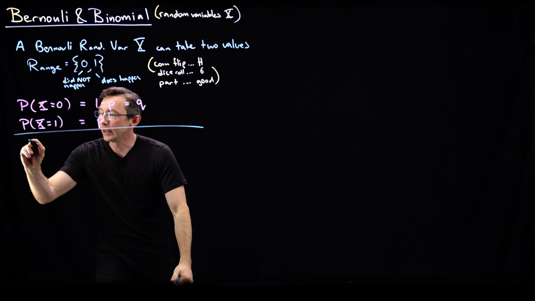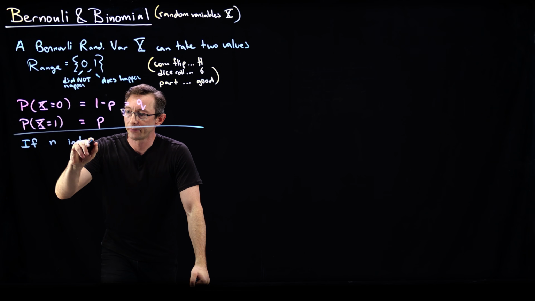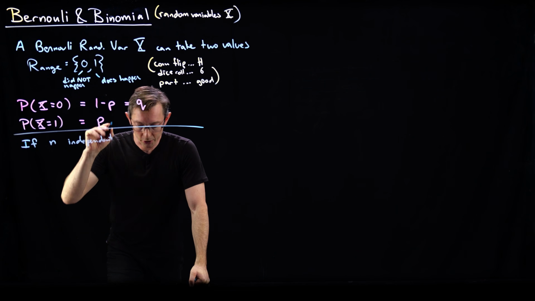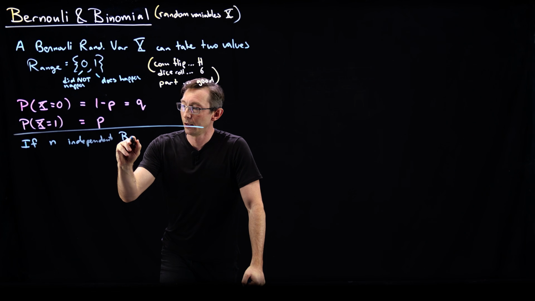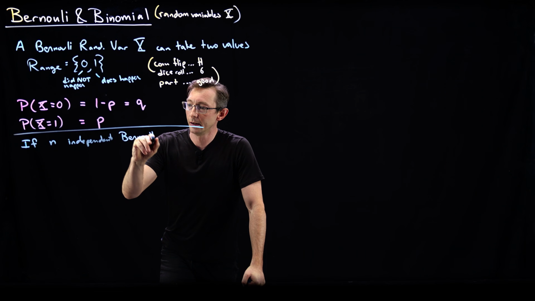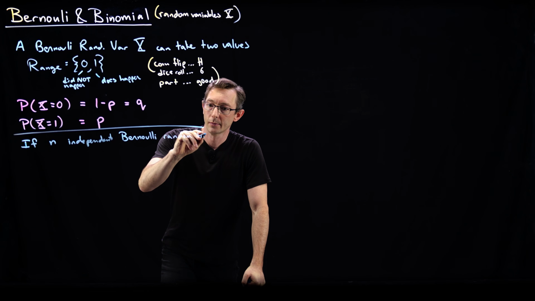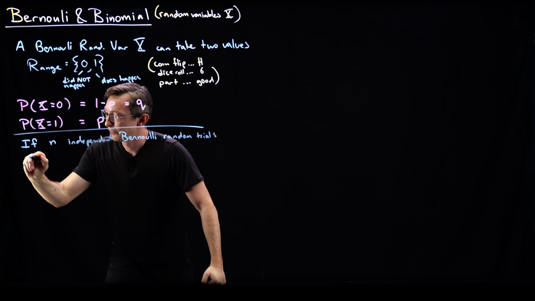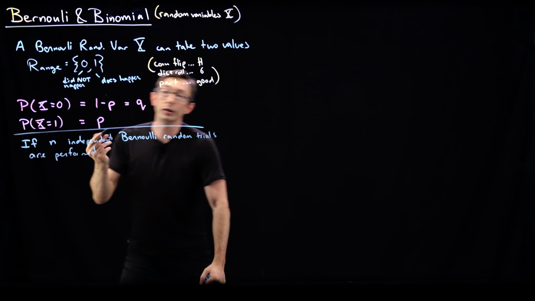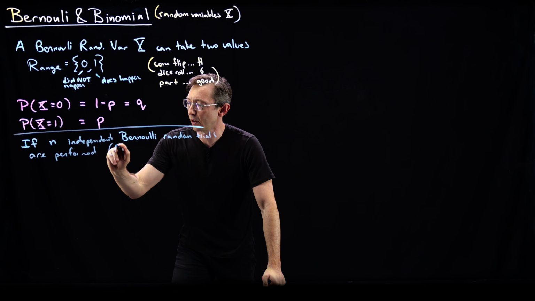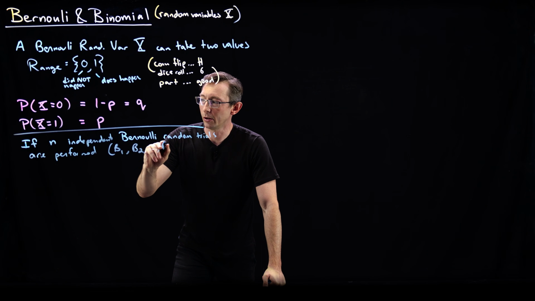So if n independent Bernoulli random trials are performed, and I'm going to call each of these Bernoulli random variables B1, B2, all the way up to Bn.